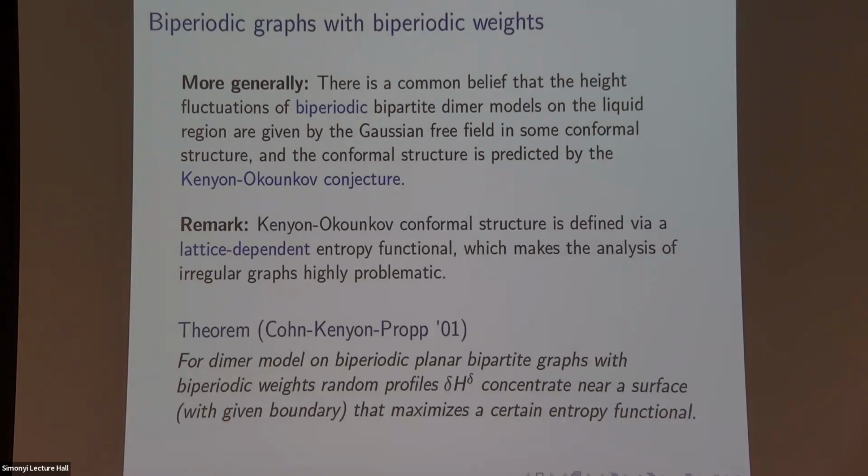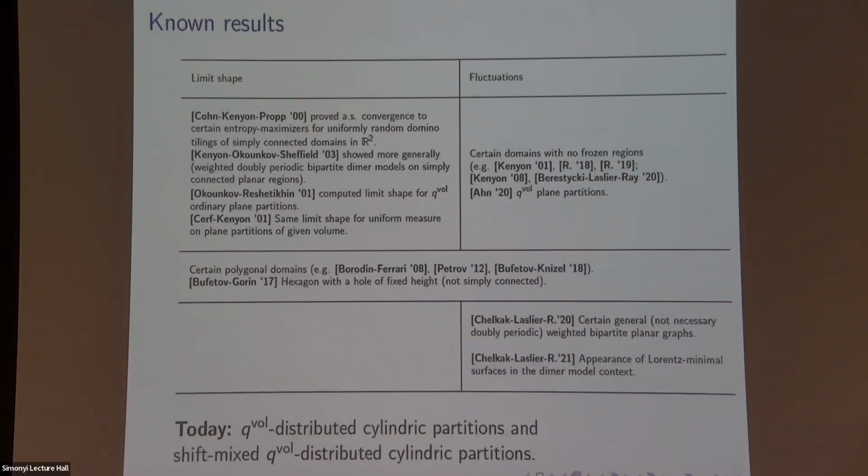So here are general results and conjectures about the limit shape. Let me say what is known for the limit shape and for the fluctuations. And here, note that the dimer model is very sensitive to the boundary conditions. By the boundary conditions, I mean the combinatorial shape of approximations of our domains.